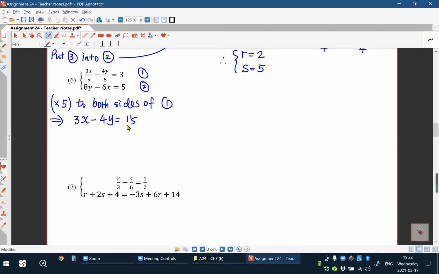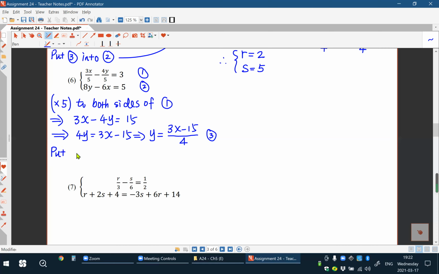From here you can actually solve x in terms of y. This time let's solve y in terms of x. So 4y equals 3x minus 15. So y equals (3x minus 15) over 4, right? So let's call this 3.